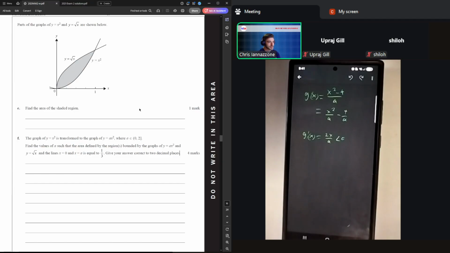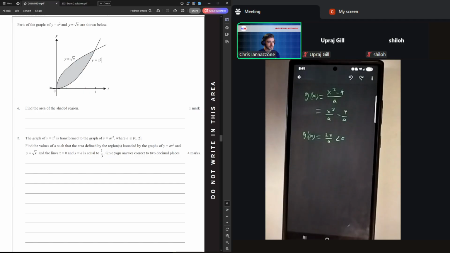Here's where it's going to get more interesting. Quadratic is being transformed by multiplying by a between 0 and 2. Find the values of a such that the area defined by... So basically this quadratic is now going to be ax squared. We still have this same sort of bound area.